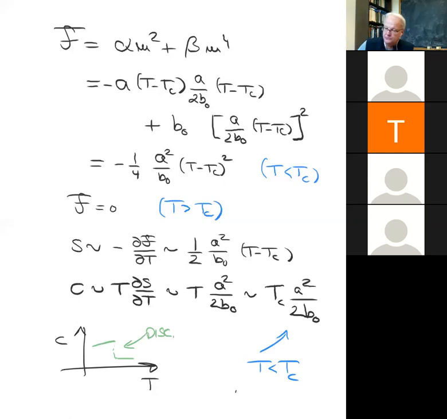Okay. And again, you can compare that to either actual experiment or numerical simulation.